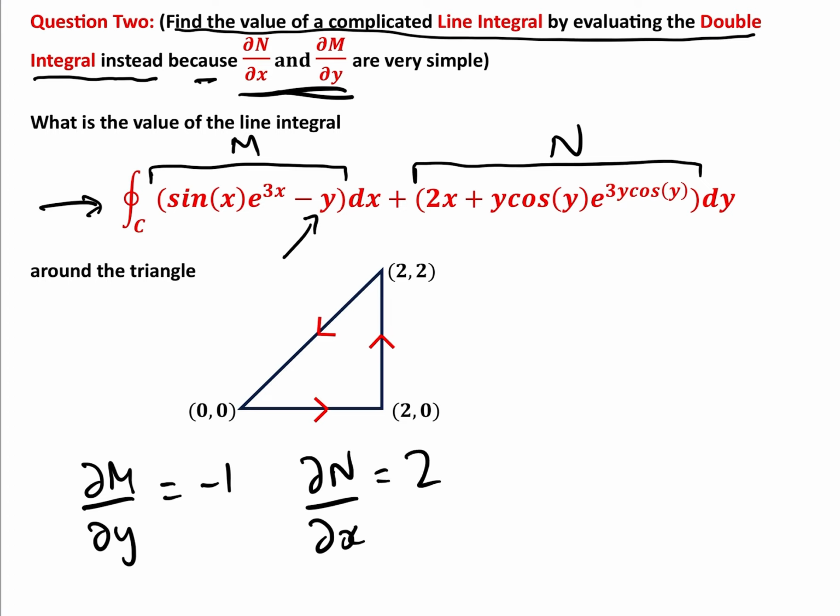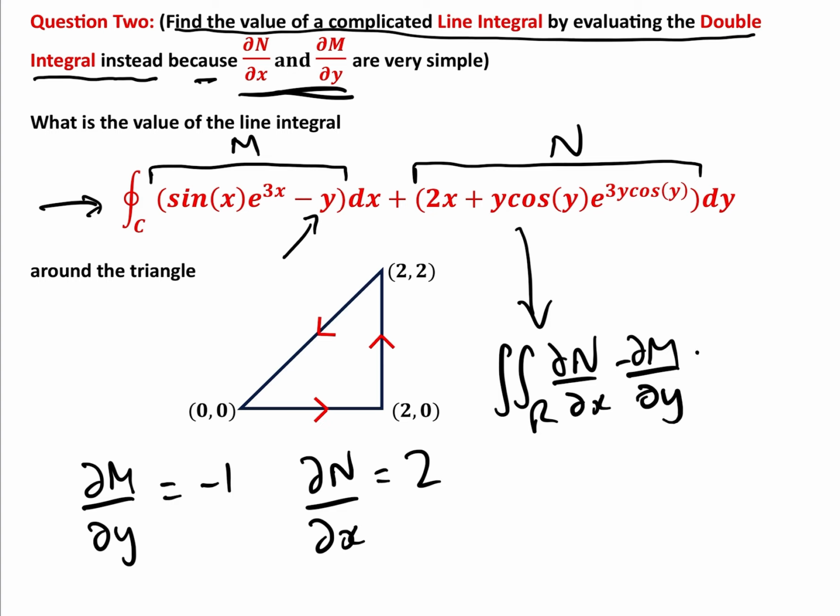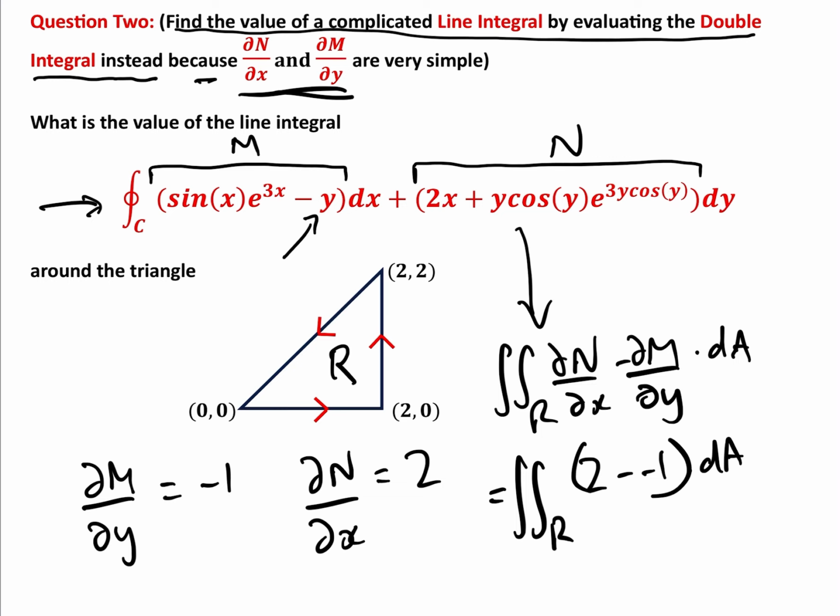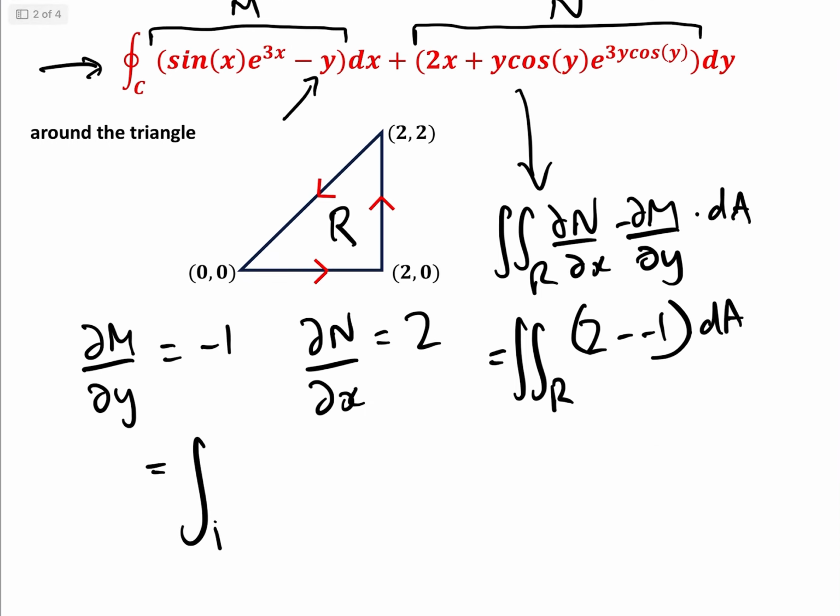Therefore, we can use Green's theorem to convert this line integral to the double integral of dN/dx minus dM/dy over dA, over the region R. We'll come to the region in a minute. That is the integral of 2 minus 1 dA, which equals the double integral over the region R of 3 dA.